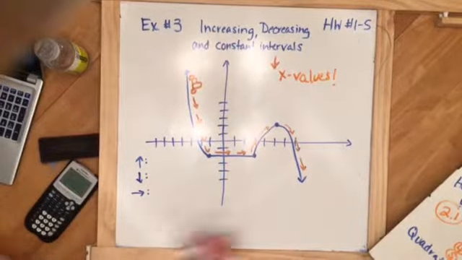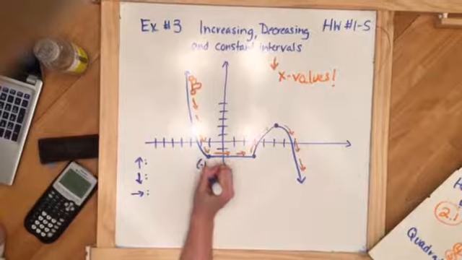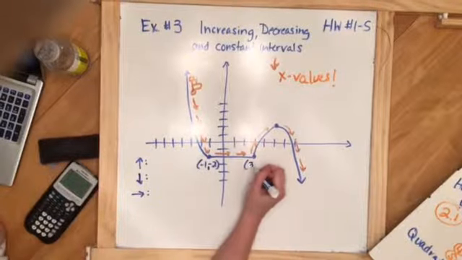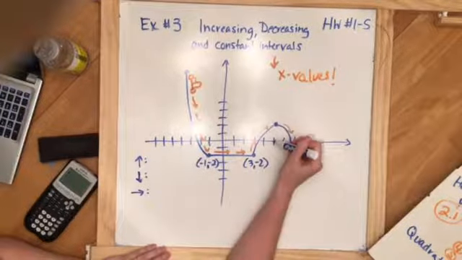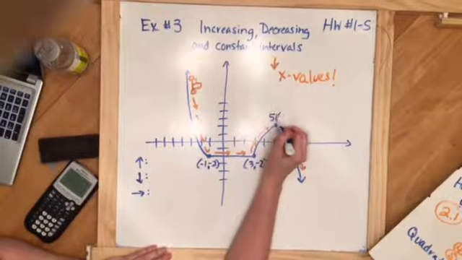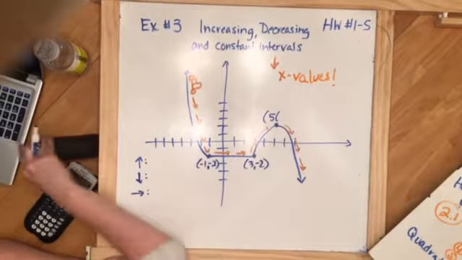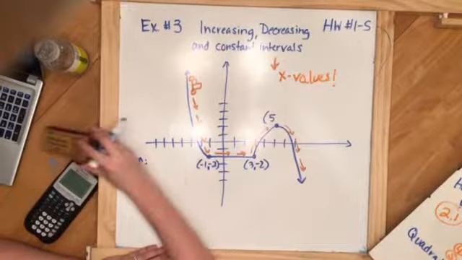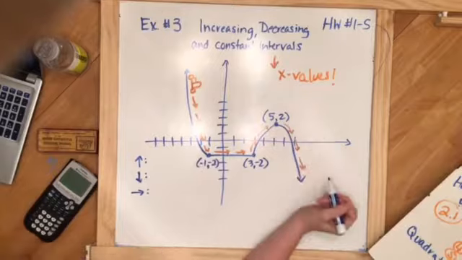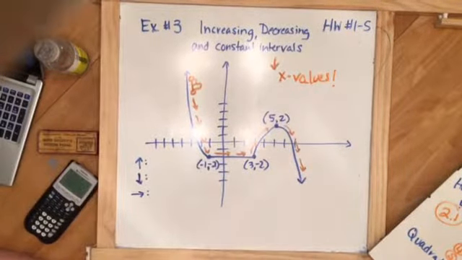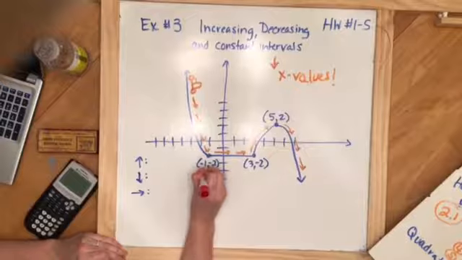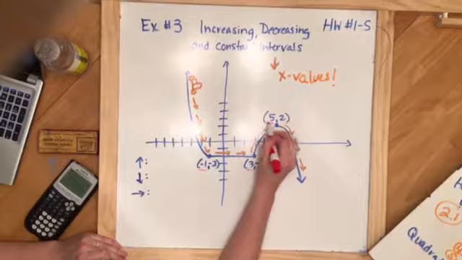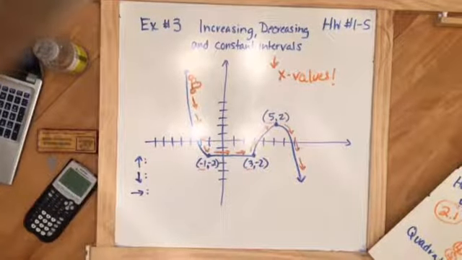So if I label these points here, this point is at -1, -2. This breaking point is at 3, -2. This breaking point is at 5, 2. And yep, the 3 breaking points. So I'm going to underline the x values. And this is what we're going to use.